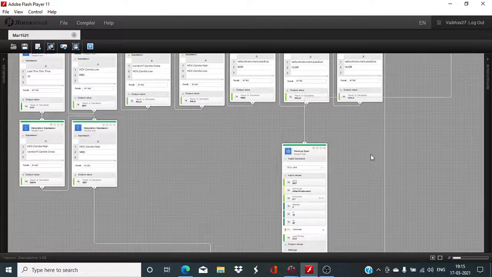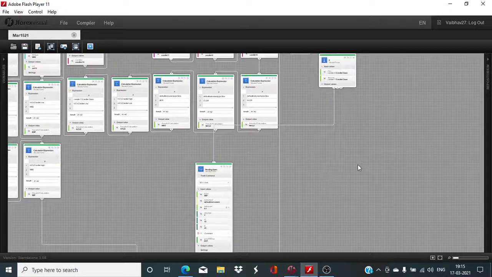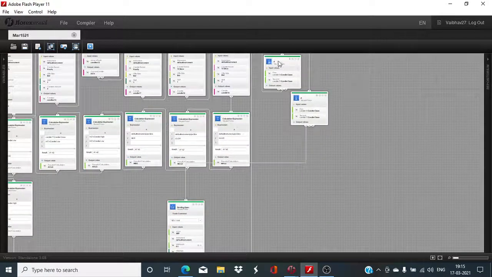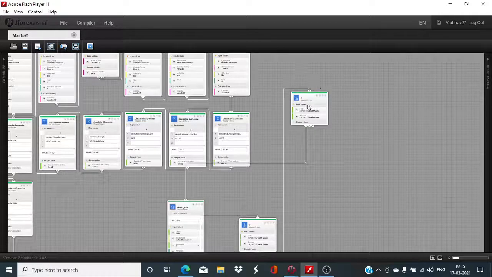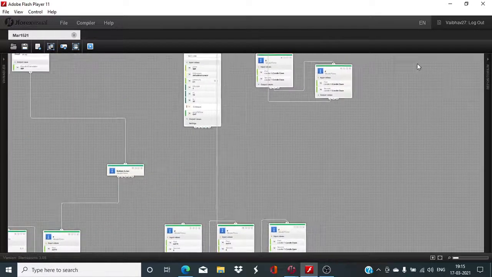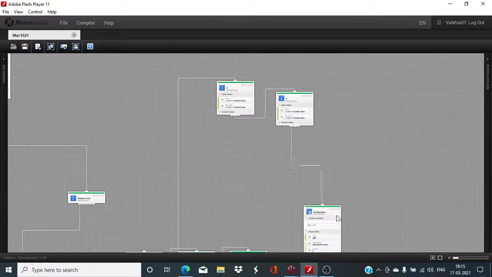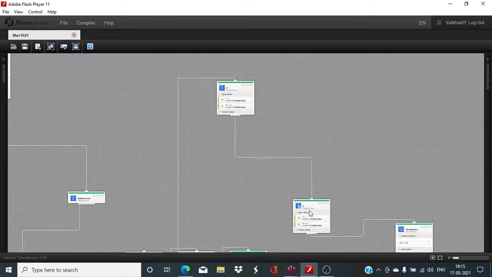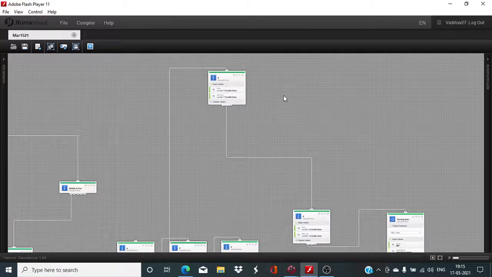So all the conditions necessary for the execution of the sell trade have been defined, and this is symmetric to the buy side setup.